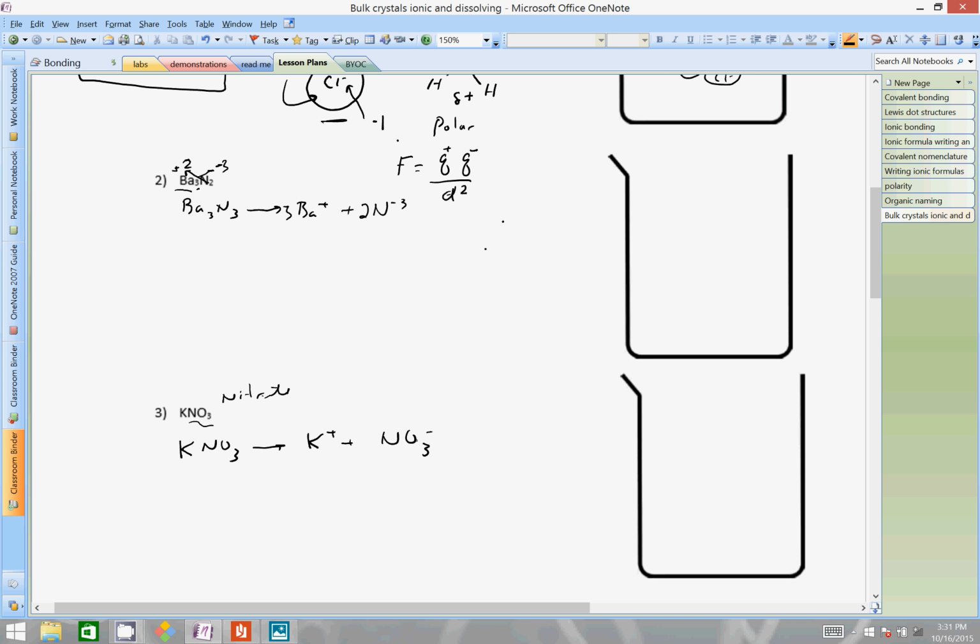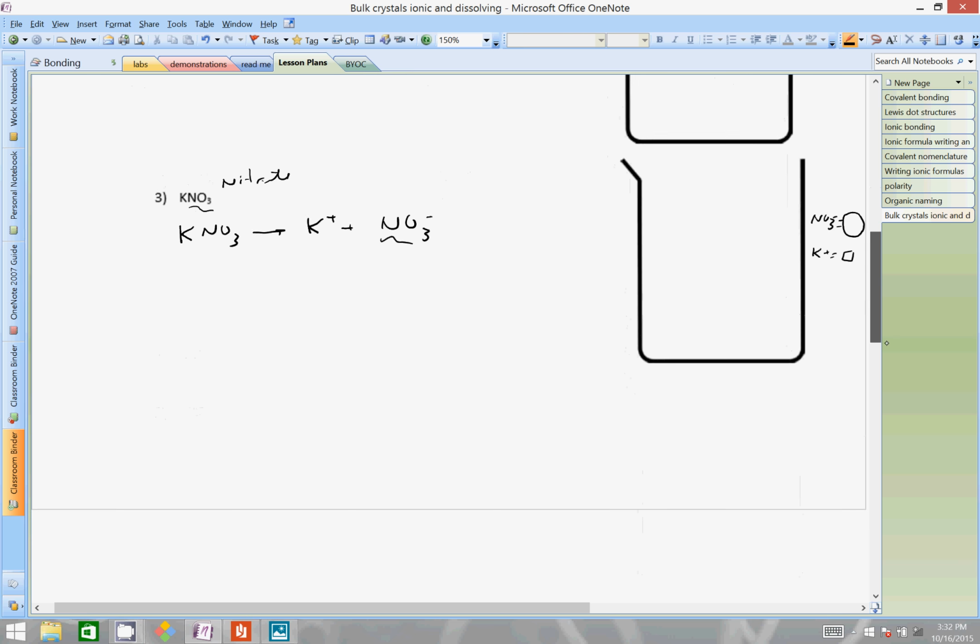We don't really know what it looks like necessarily, so you could just say NO3 negative equals circle, and K plus equals square. Note that because this guy does have many atoms there, maybe we want to draw our symbol a little bit larger so that this is a bigger piece.